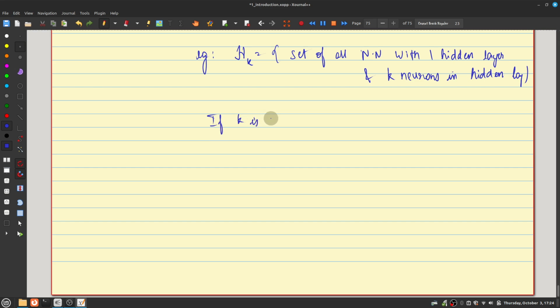If k is large, then the sample complexity for a given epsilon and delta is also large, because if k is large, then the VC dimension is large.